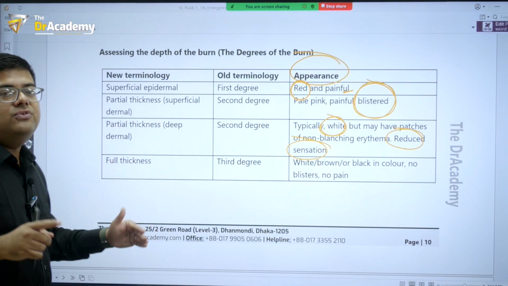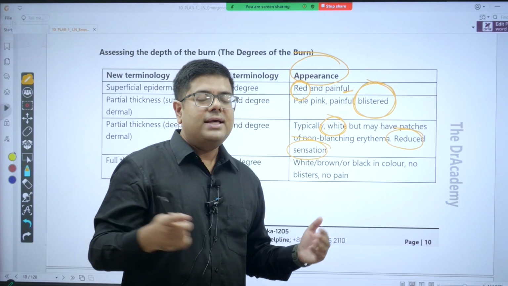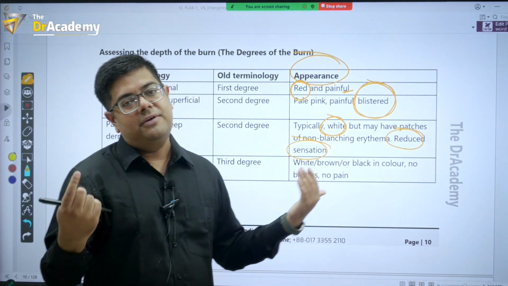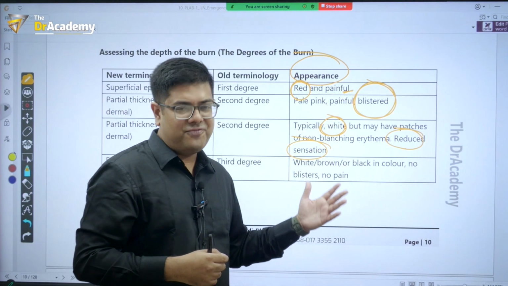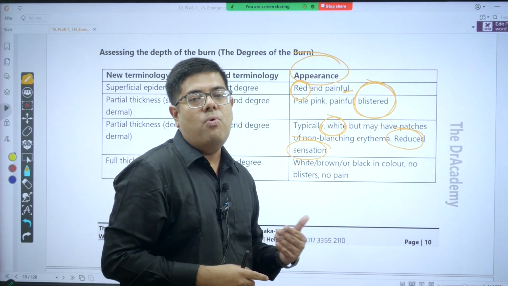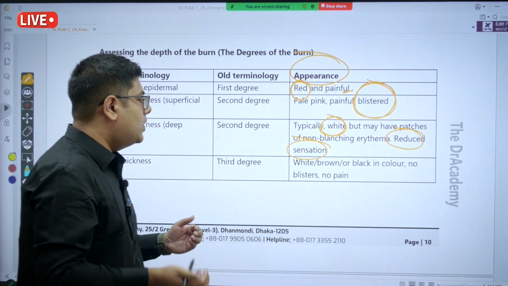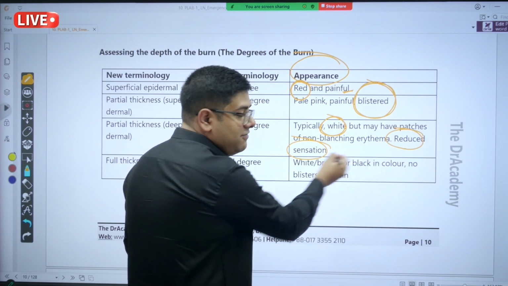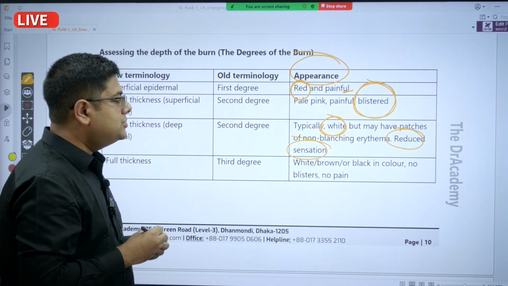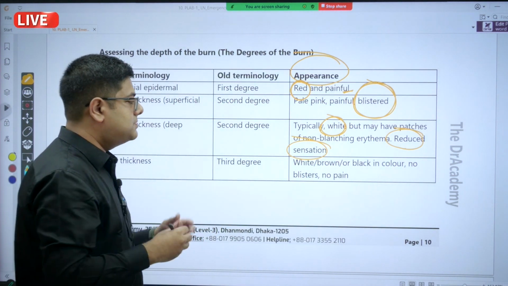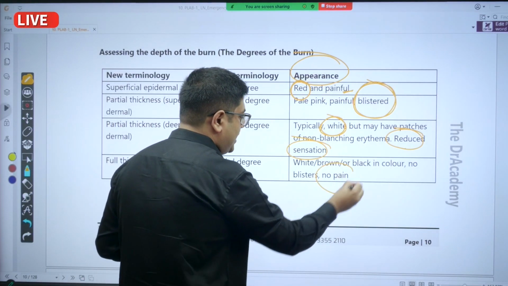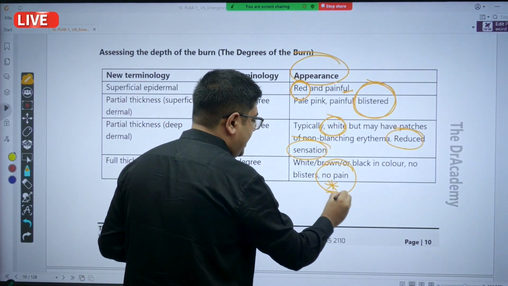And last of all, full thickness burn. Usually the question mentions the word full thickness. However, if they want to make it a bit more tricky, then what will they do? They will give you these characteristics. So, how do you identify full thickness burn? No pain. Highlight this word, no pain.